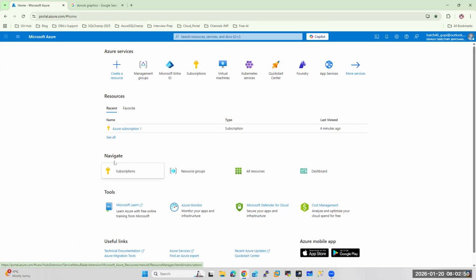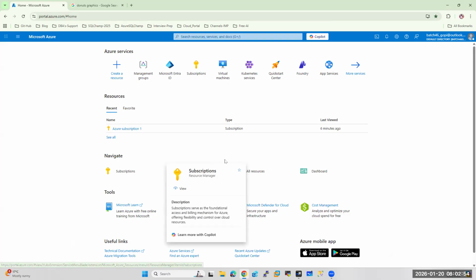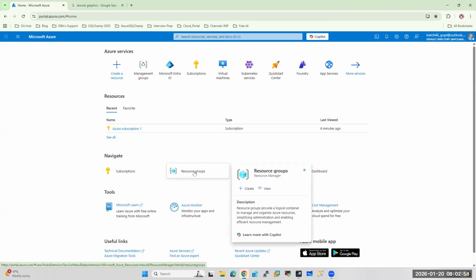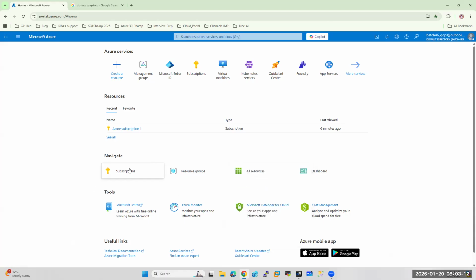Resource group. So once you create the subscription, is our job done? No. You must create the resource group. A resource group is nothing but like a region, sir. For example, if I wanted to deploy my SQL related stuff, I can't simply deploy my resources under the subscription.